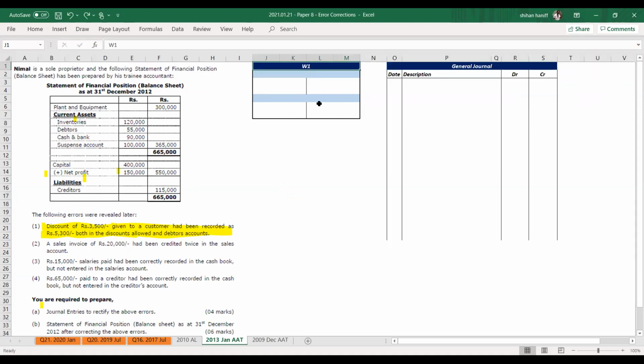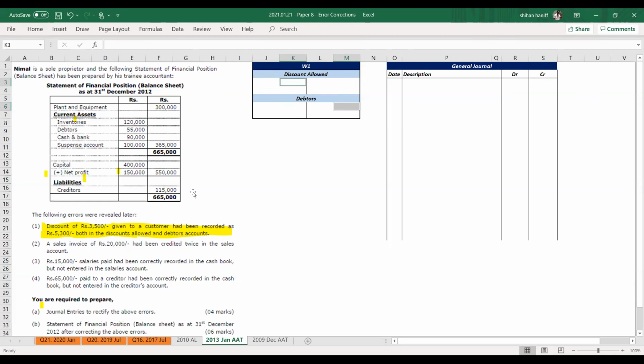Working number 1. Double entry for the discount allowed is discount allowed account debit and debtors account credit. That is the double entry.